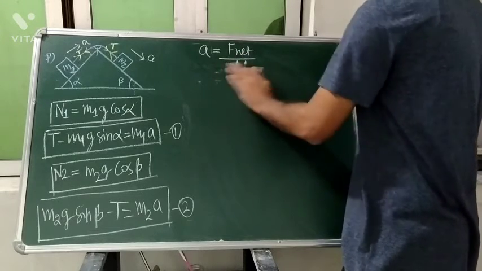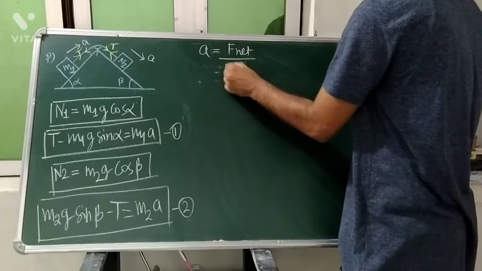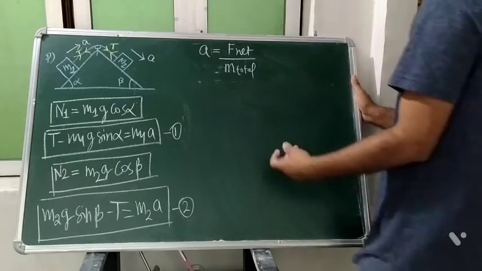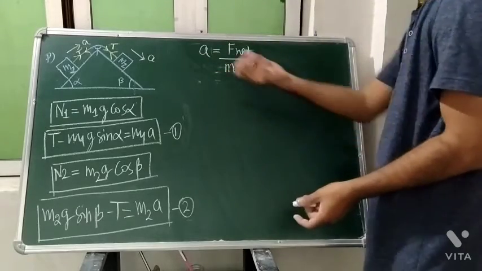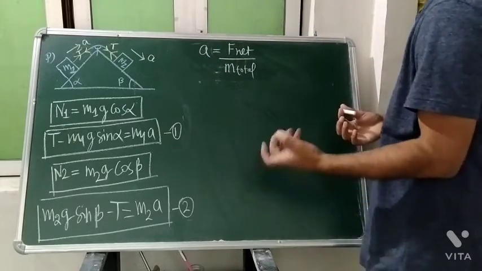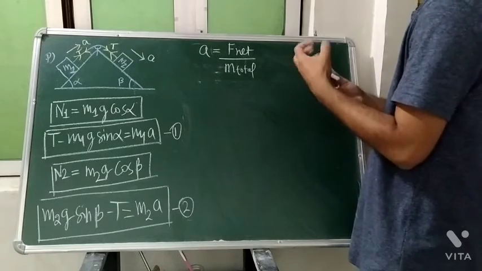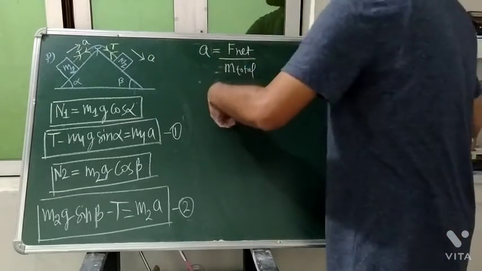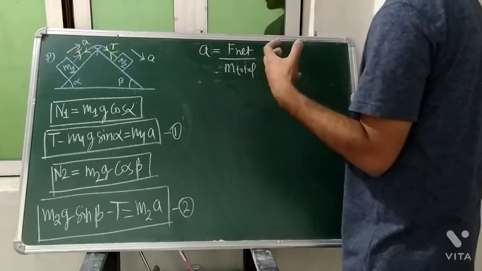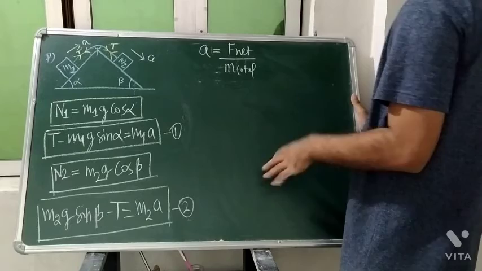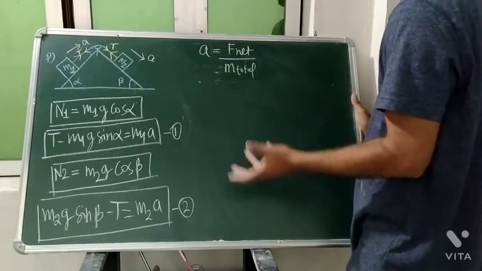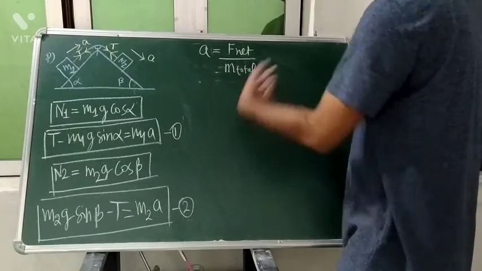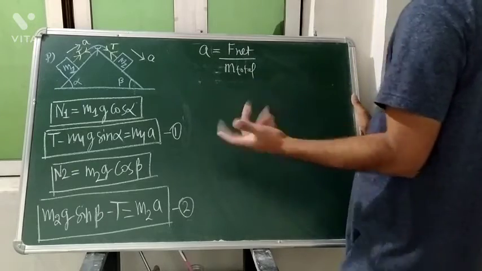F net is only what, student? The force which is adding to the acceleration, or supporting it, minus the force which is decreasing the acceleration, or making an obstacle to it, that we will subtract.